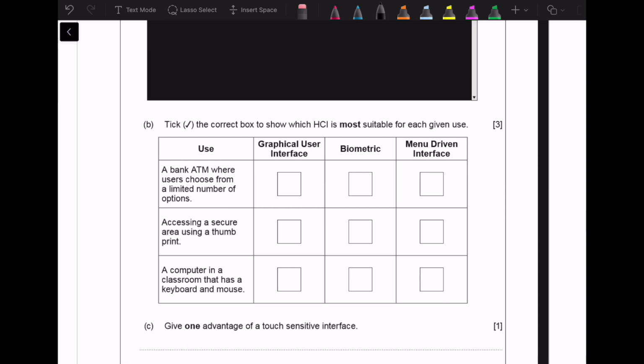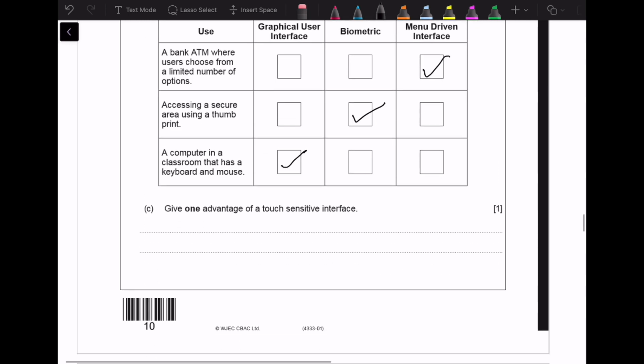So a bank ATM, so one of the cash points, where users choose from a limited number of options. Now, if it's limited, graphics are never really limited, biometrics aren't, and menu-driven is typically that one there. You can access a secure area using a thumbprint. That will definitely be biometric. A computer in a classroom that has a keyboard and mouse. Typically, that would be a graphical user interface.